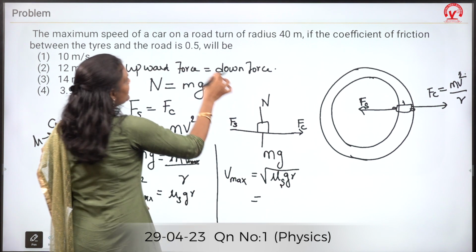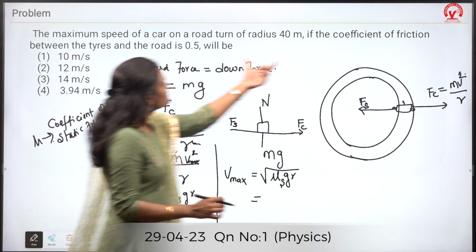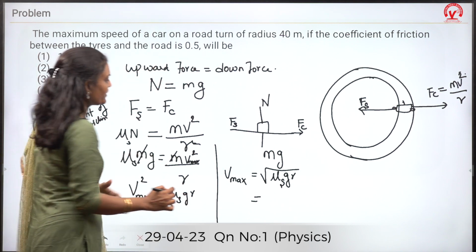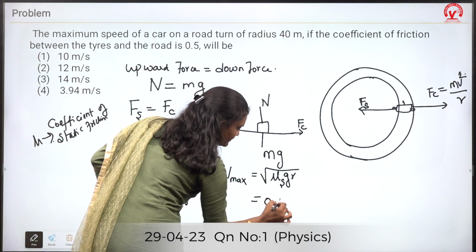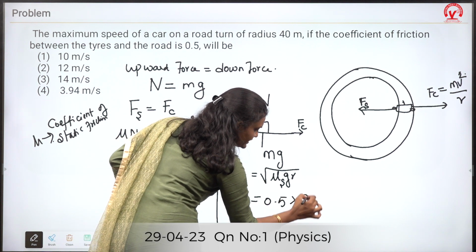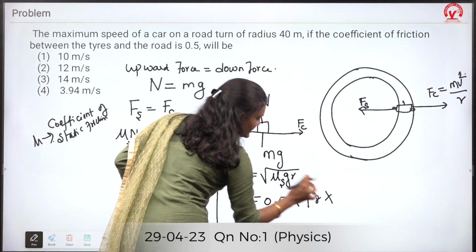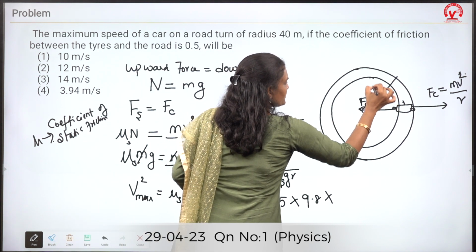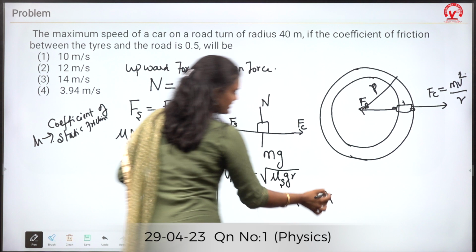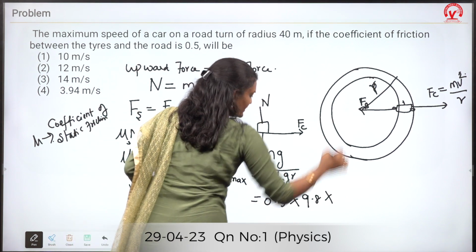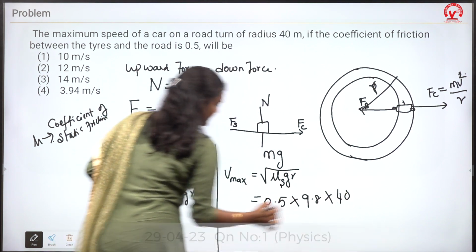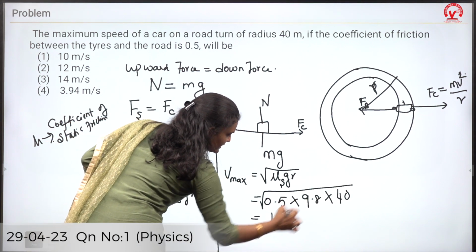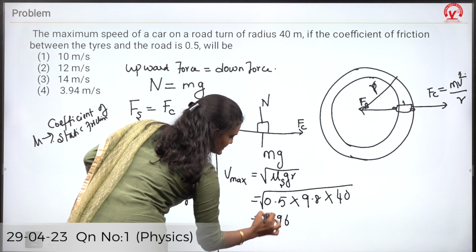Now they have given the coefficient of friction mu s as 0.5, the acceleration due to gravity is 9.8, and the radius of the circular path r is 40. Multiplying these, you get 196.